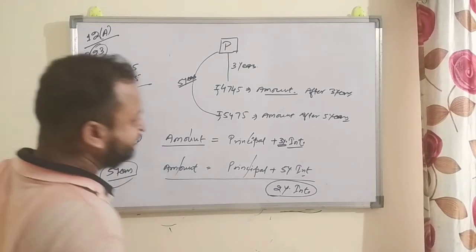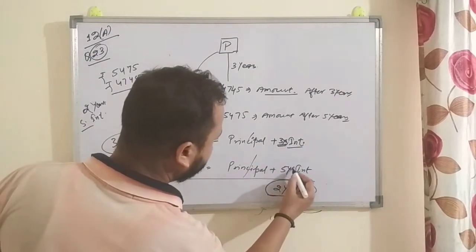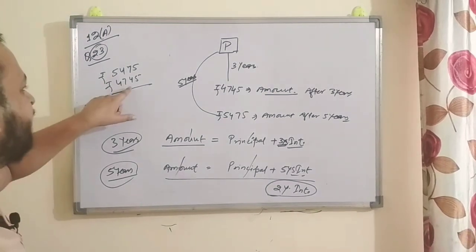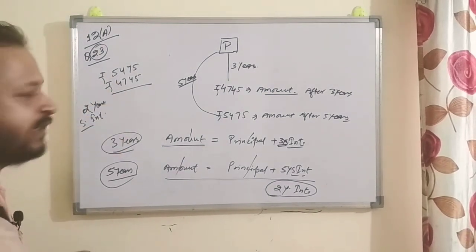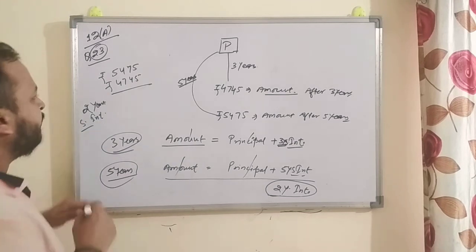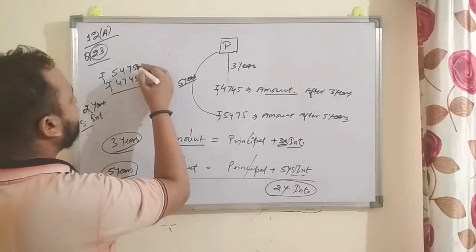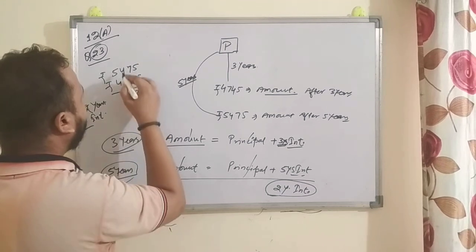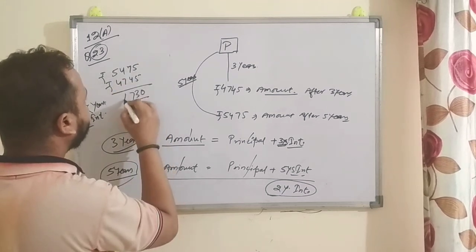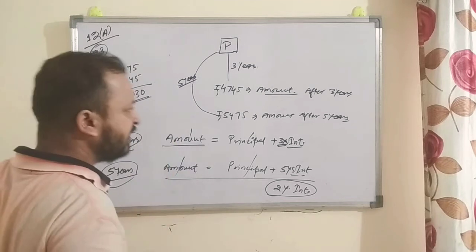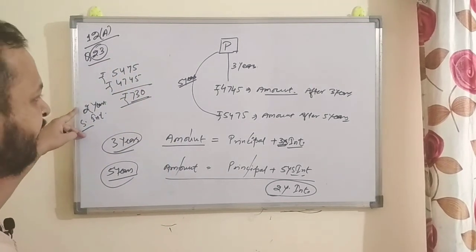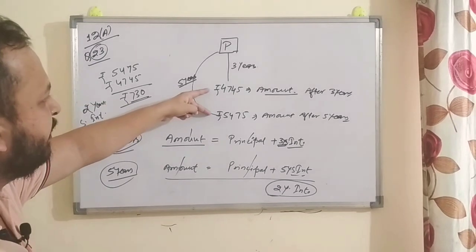So you are getting 2 years of simple interest if you take the difference, right? 5 minus 5 that is 0, 7 minus 4 that is 3, and here 14 minus 7 that is 7. So 730 rupees is the 2 years of simple interest from here, right?